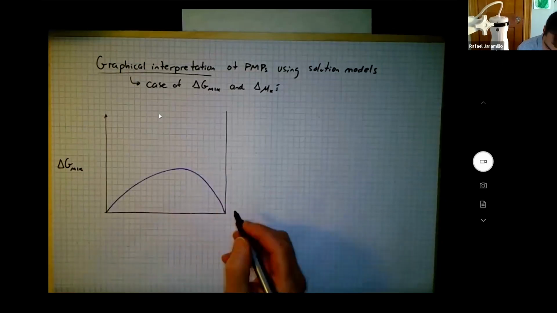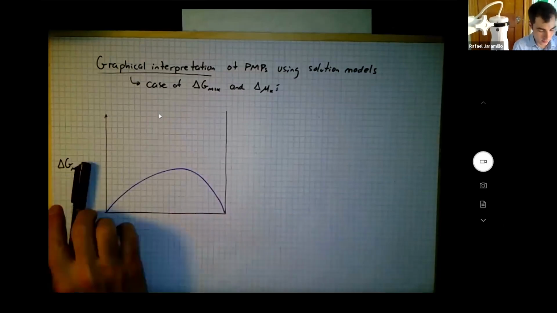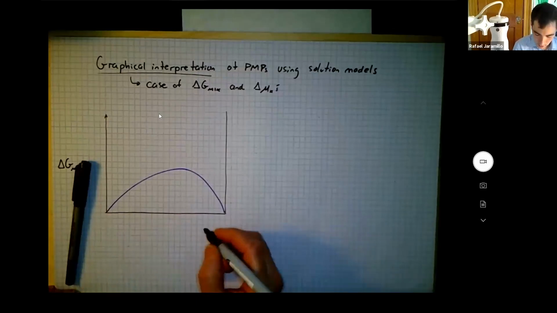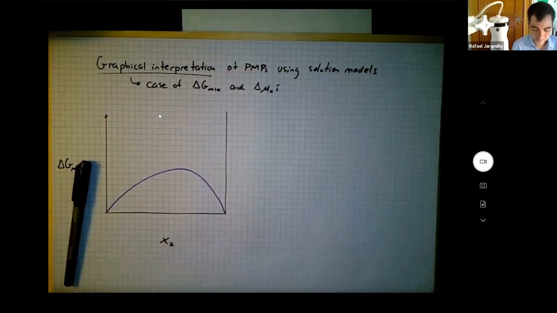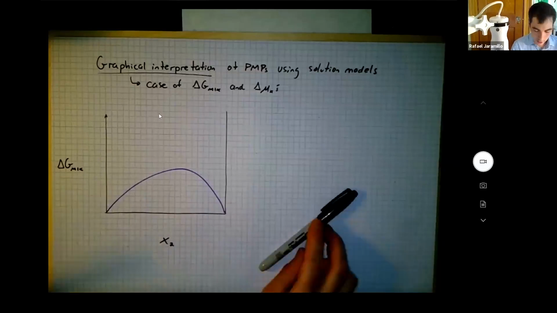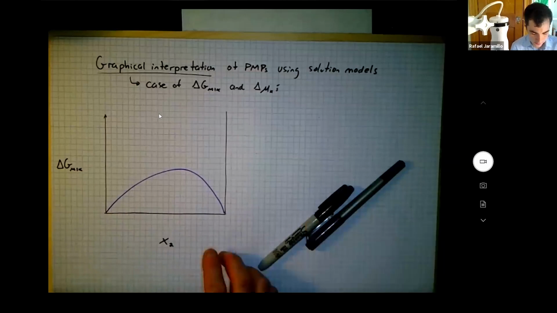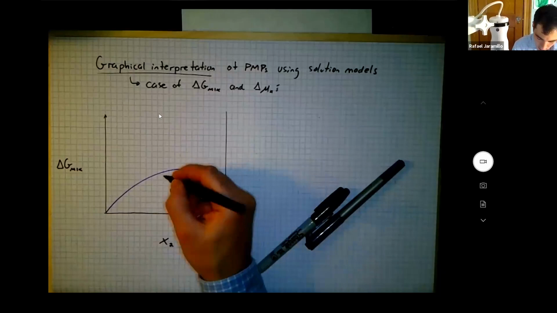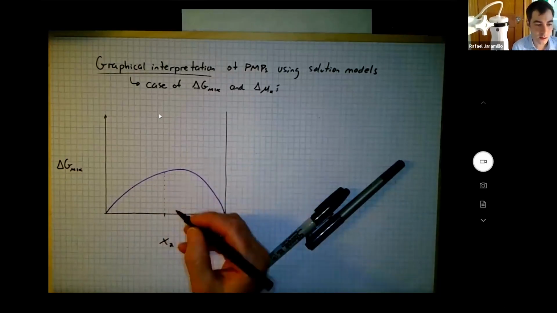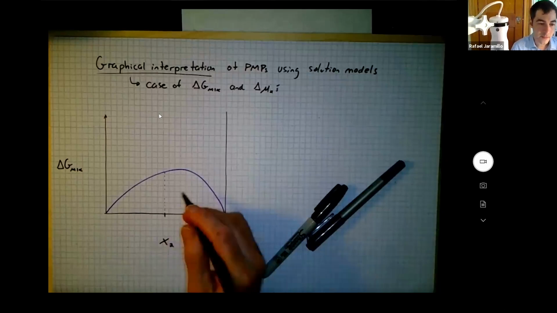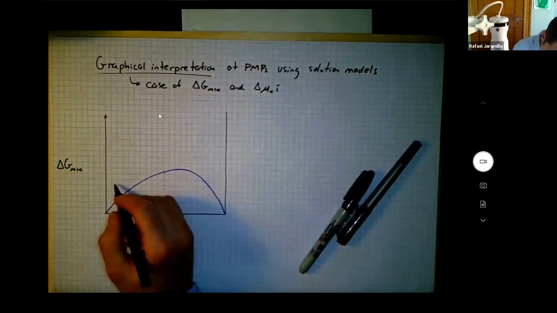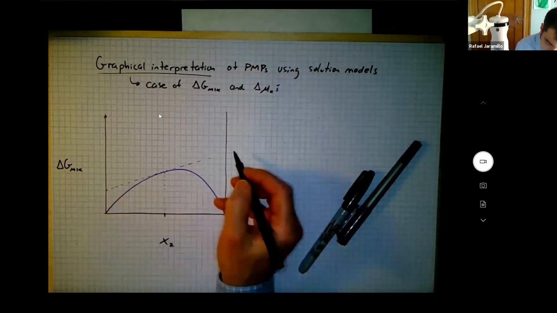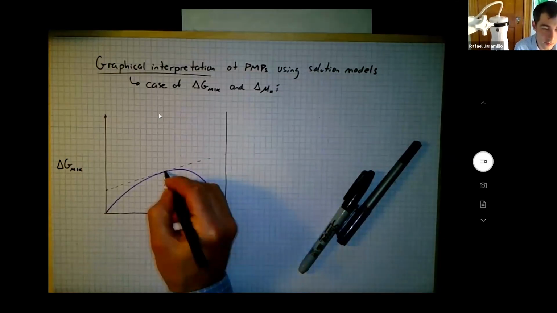It's some trend of thermodynamics with system composition, and this is X2. So we have some solution model, and let's imagine sitting here at this composition. Let me go ahead and draw these tangents, and then we'll come back to why they matter. There's a point on the curve and my overall system composition.